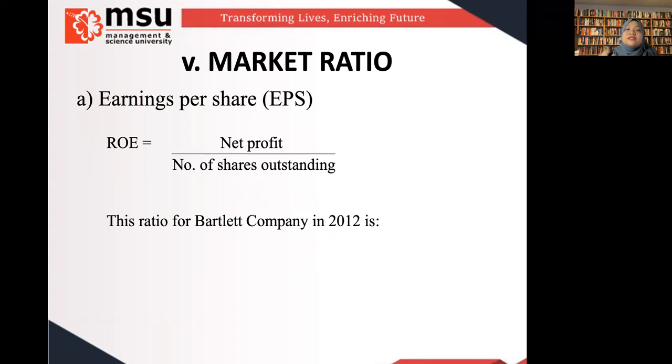Usually, companies will not show you the number of shares outstanding. They just show you the earning per share. And in fact, in the income statement, they will show you the basic EPS and the diluted EPS. So you can just refer to both lah. Market ratio, basically, the higher the number, the better the performance of the company.